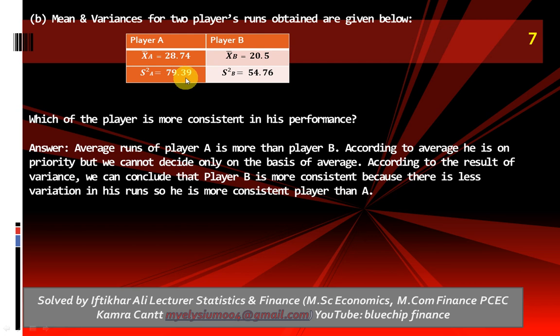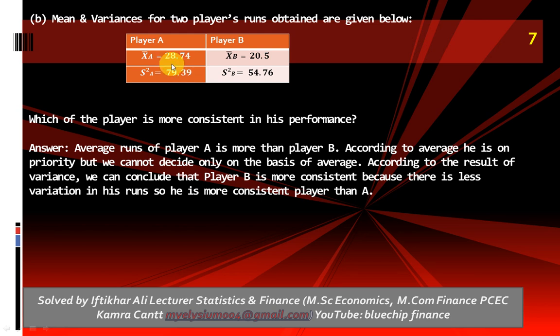So as you are seeing here, player A on the basis of average is okay, but on the basis of variance his variance is too much, 79.39, as compared to the variance of player B, 54.76. So on the basis of variance we should change our consideration, because to select player A is risky.